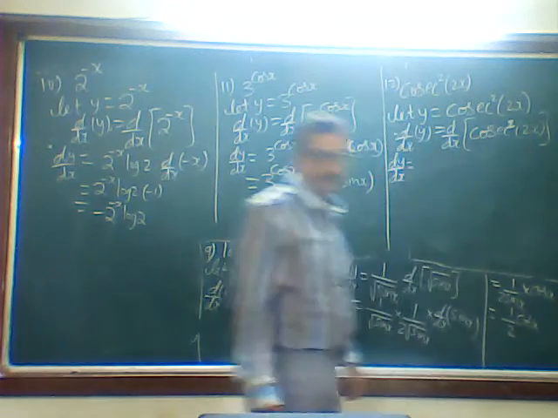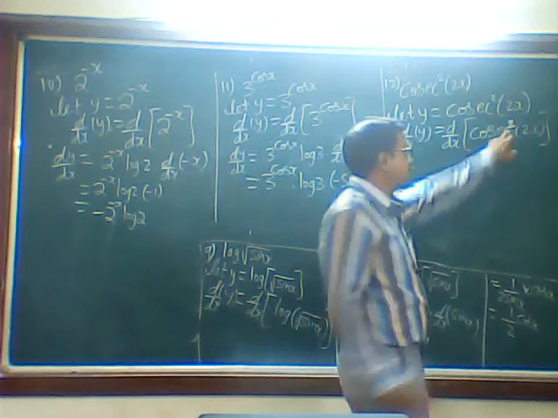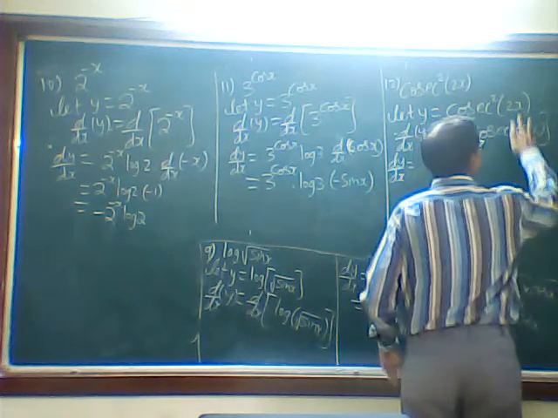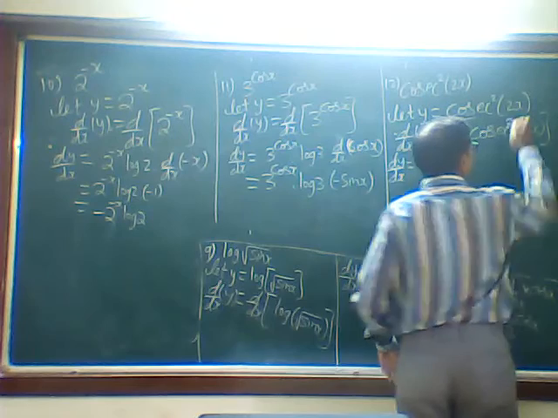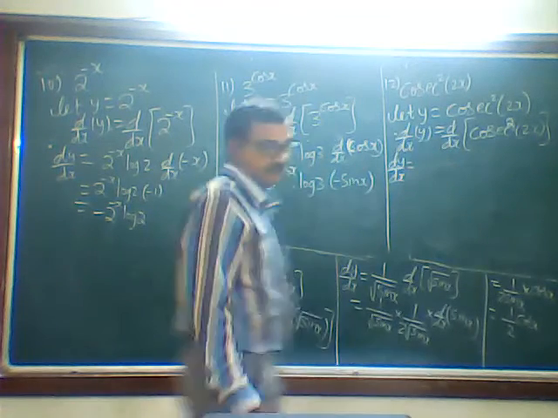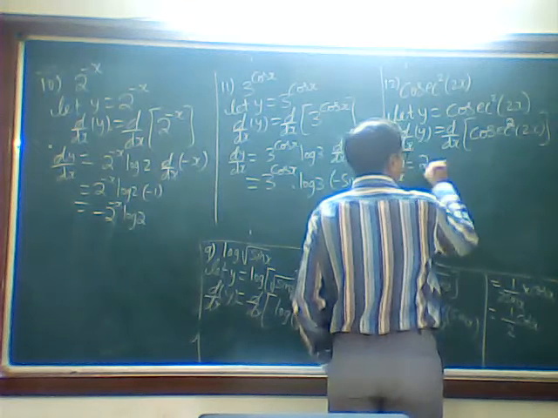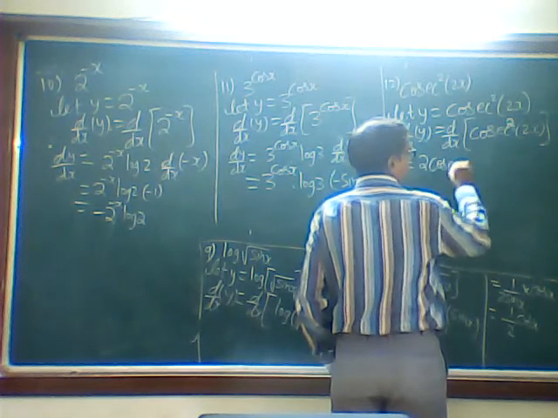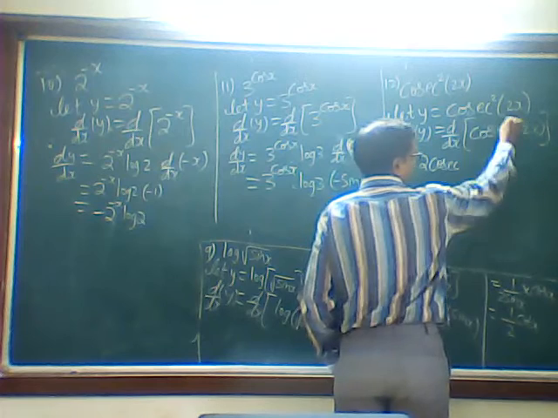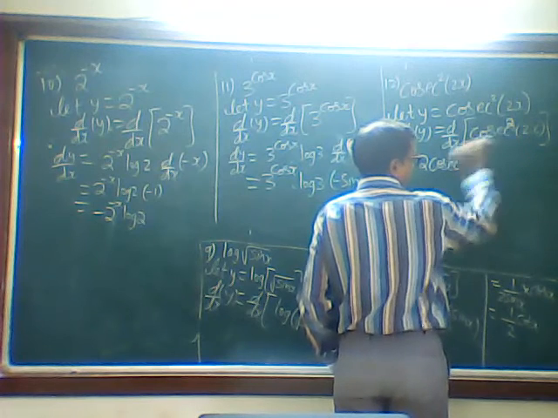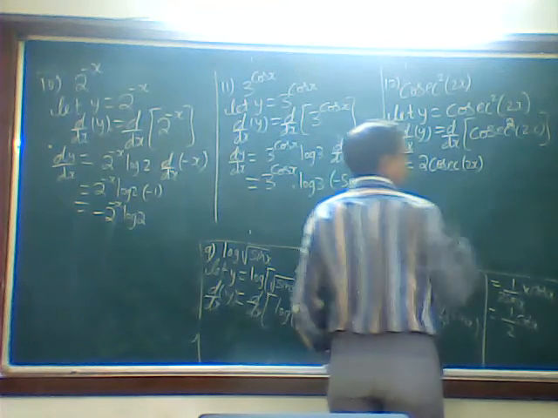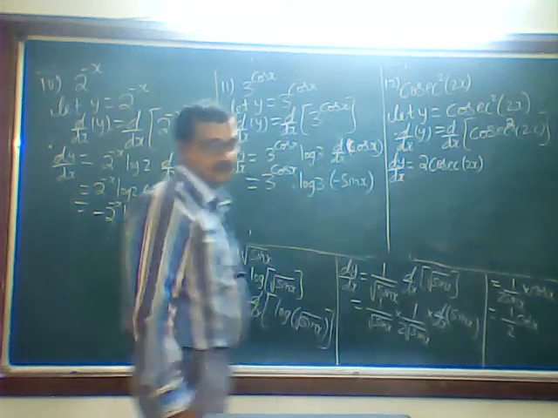Cosec square of 2x. First I will do the power. It will become 2 times cosec of 2x, since 2 minus 1 is 1 only. So first we have done power.